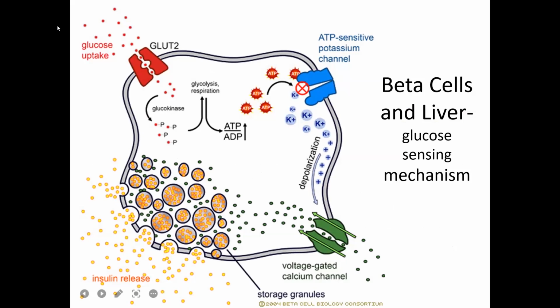The potassium channel is closed, and due to the depolarization, calcium goes in, and then the insulin is released. That's the usual, normal mechanism.